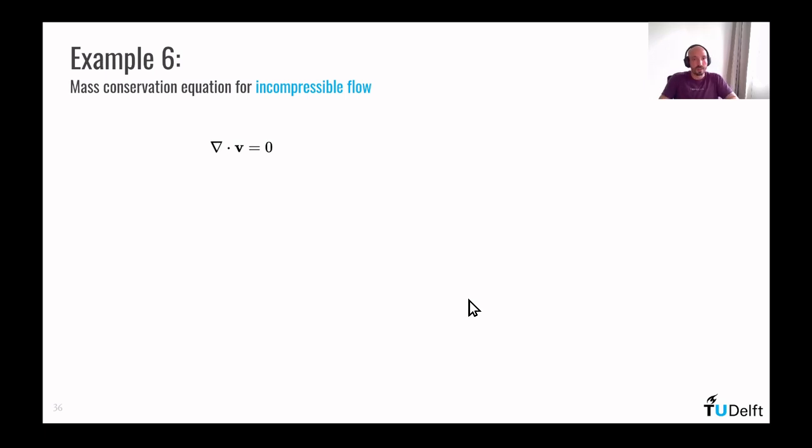Now let's do something involving the Nabla operator. In this case, let's consider the mass conservation equation for incompressible flow. The mass conservation for incompressible flow is just the divergence of the velocity vector equals 0. So the dot product between the Nabla operator and the velocity vector is 0.